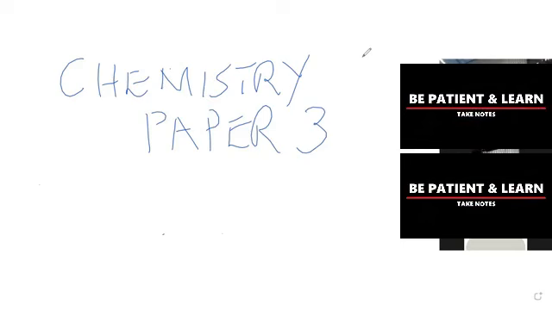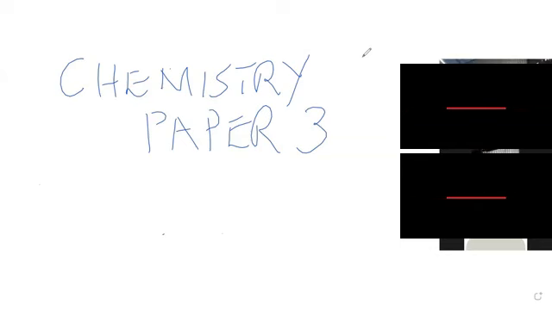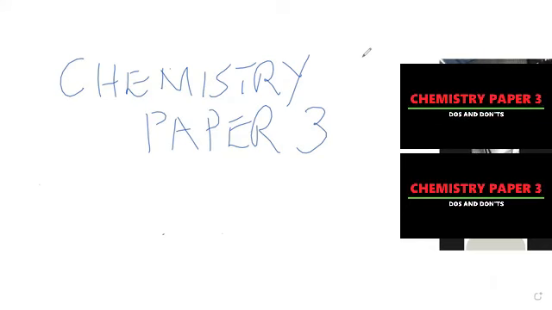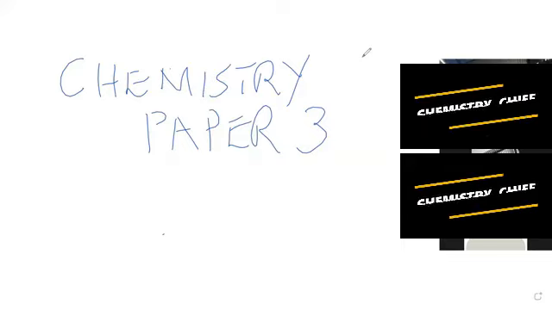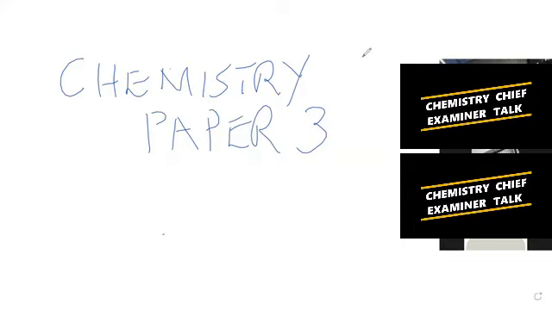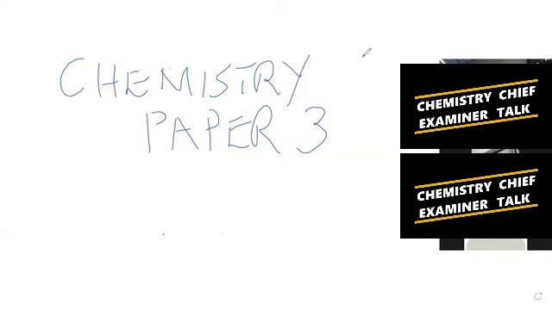Now, we have the practical that has 3 questions normally, or 2 questions. But before I go to the practical, it's maybe good to know how the 3 papers contribute to your overall grade in the national exam. Paper 1 and paper 2, when you total the 2, they total 160 marks. They are the theory paper marks.